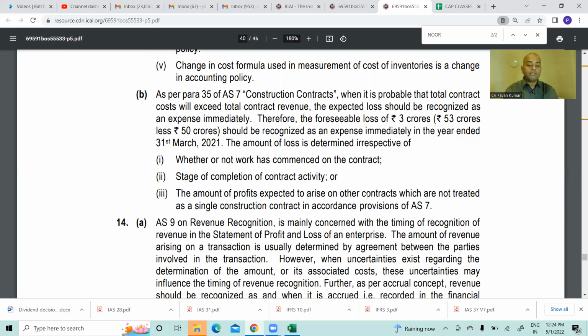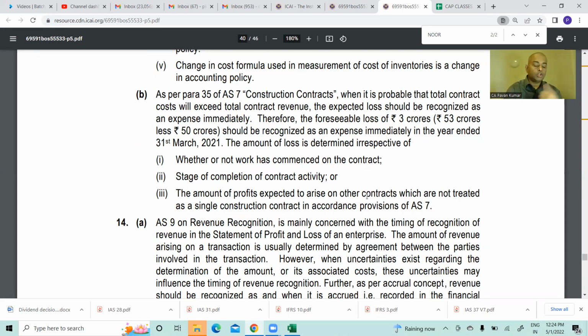Okay, Sandeep, read that. The amount of loss is determined irrespective of whether or not the work has commenced on the contract, the stage of completion of contract activity, or the amount of profits expected to arise on other contracts which are not treated as a single construction contract in accordance with the provisions of AS 7.